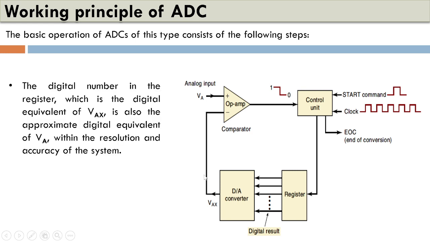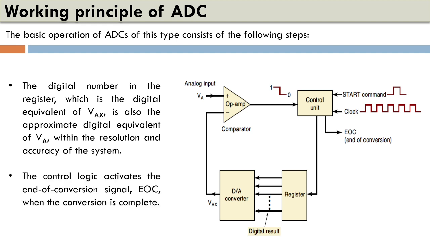The digital number that was inside the register when the conversion stopped, which is the digital equivalent of VAX, is also the approximate digital equivalent of VA, within the resolution and the accuracy of the system. Once that happens, the control logic activates the end of conversion signal.